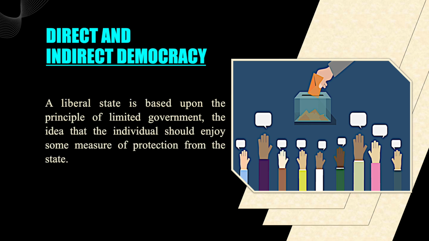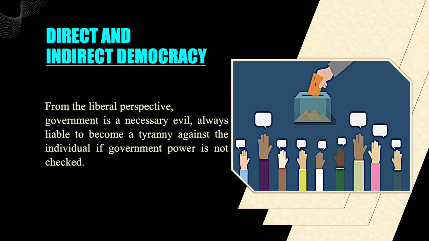A liberal state is based upon the principle of limited government, the idea that individuals should enjoy some measure of protection from the state. From the liberal perspective, government is a necessary evil, always liable to become a tyranny against the individual if government power is not checked.